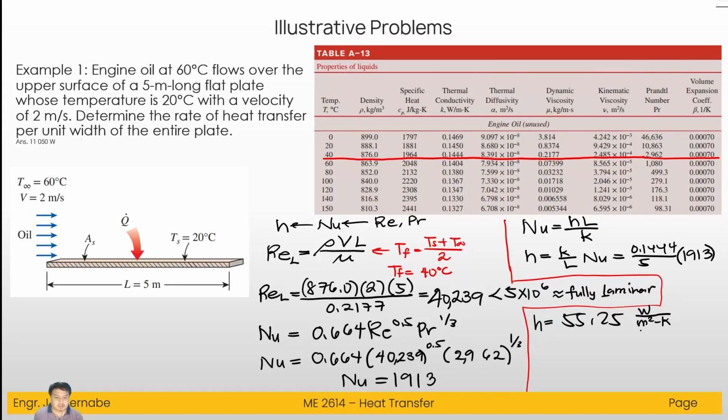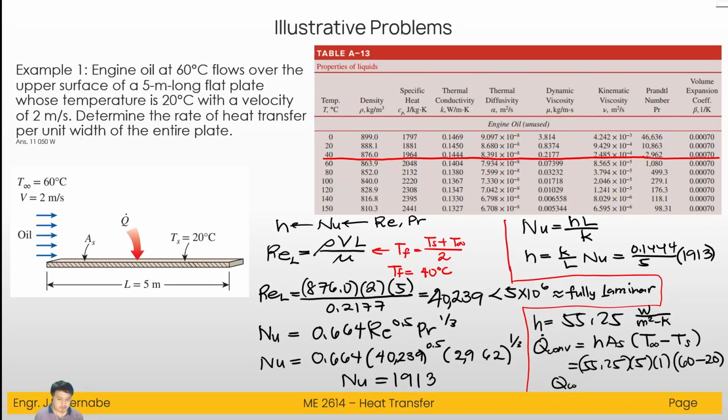Therefore you can solve for Q convection, which is just h As times the temperature difference. It should be T infinity minus Ts, since the oil is hotter. The convective coefficient is 55.25, the area is 5 meters by 1 meter, per unit width, and then 60 minus 20.